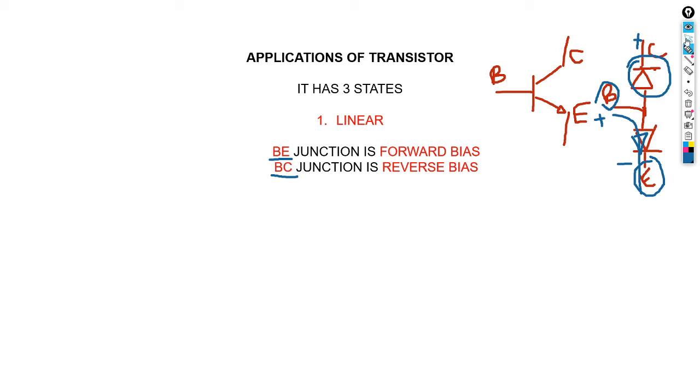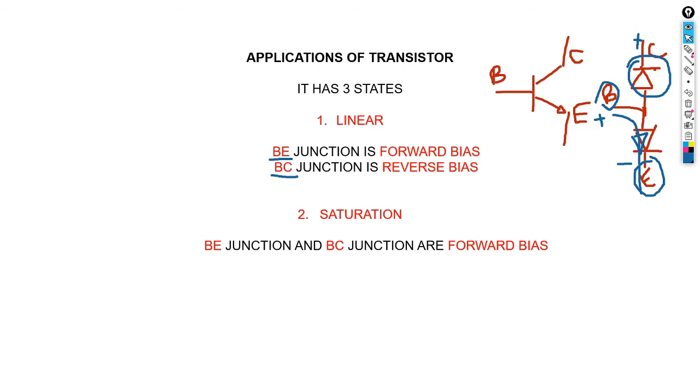Another state is saturation. In saturation, we need to make sure that our BE junction and the BC junction are forward bias. So the 2 junctions must be forward bias.